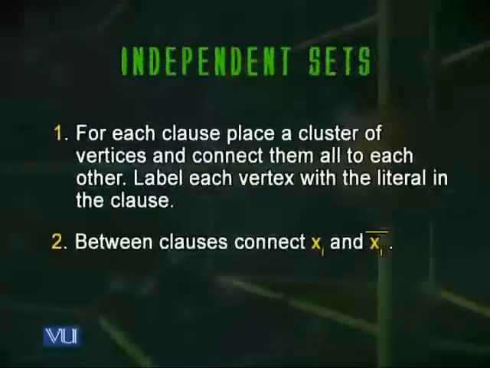Between clusters, if you have a vertex xi, it will be connected to all vertices that are labeled xi bar. So every variable vertex xi will be connected to all the vertices that correspond to its negation. xi will be connected to all occurrences of xi bar in the graph, and xi bar will be connected to all occurrences of xi in the graph.